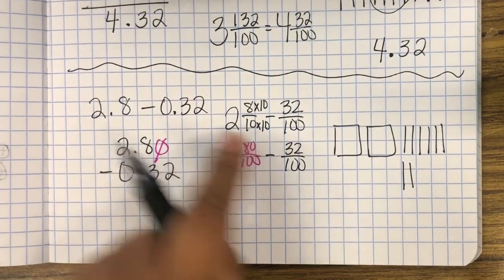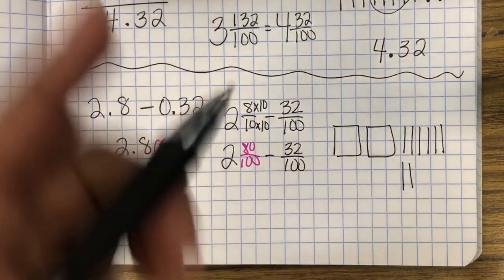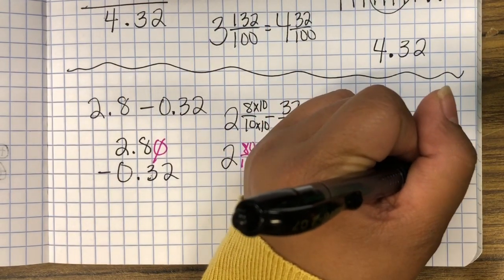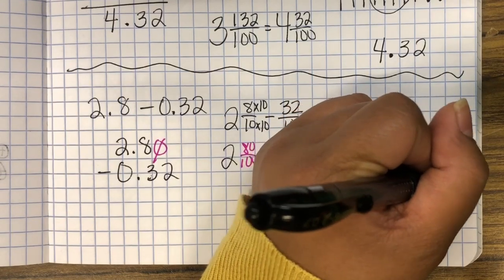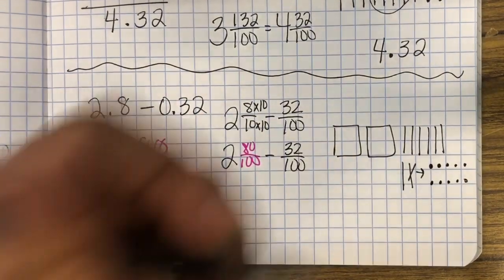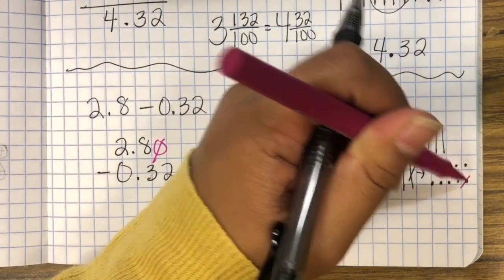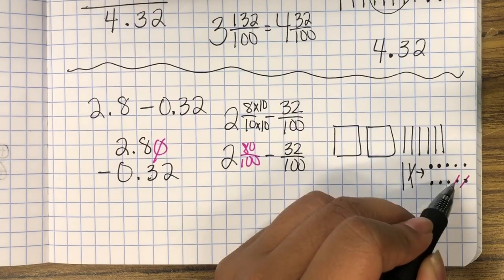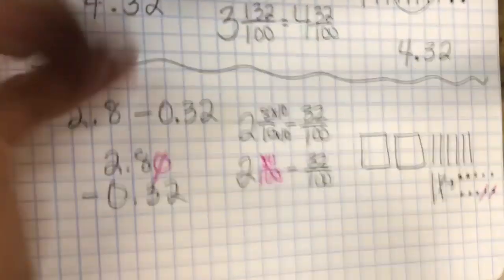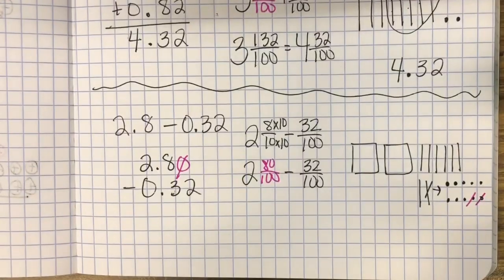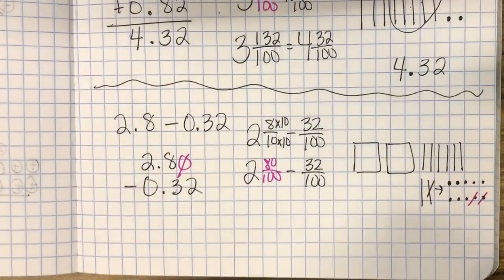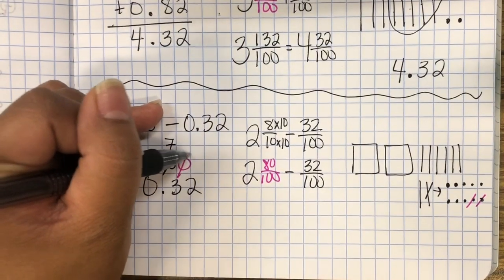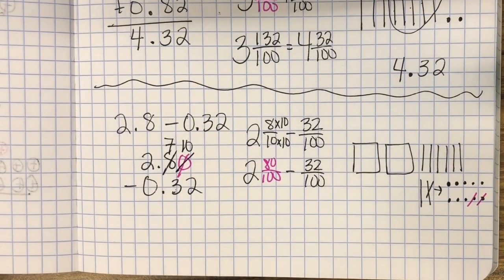So we're going to start with the hundredths. There are no hundredths in this picture. So we're going to exchange one of the tenths to 10 hundredths. 1, 2, 3, 4, 5, 6, 7, 8, 9, 10. Now I can take 2 hundredths. When we exchanged 1/10 to hundredths, now we have 7/10, and this 0 right here changes to 10 hundredths.